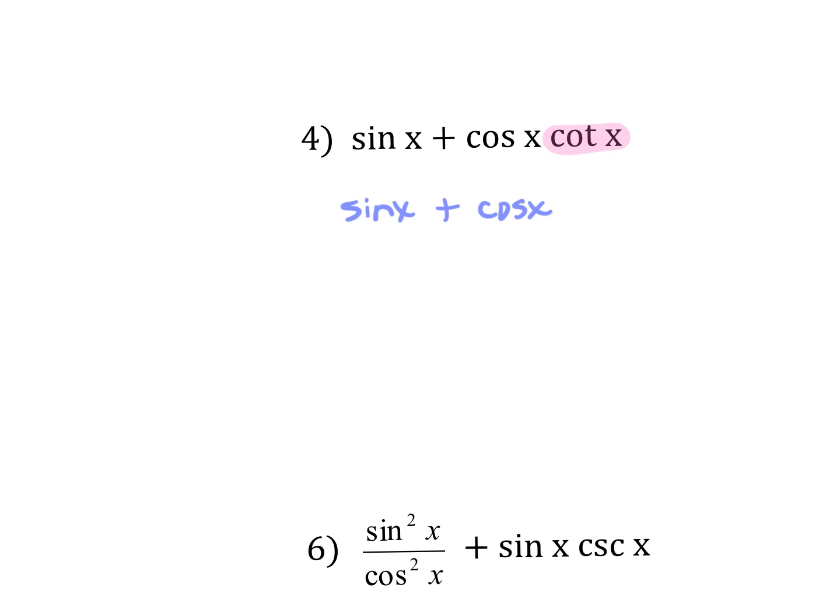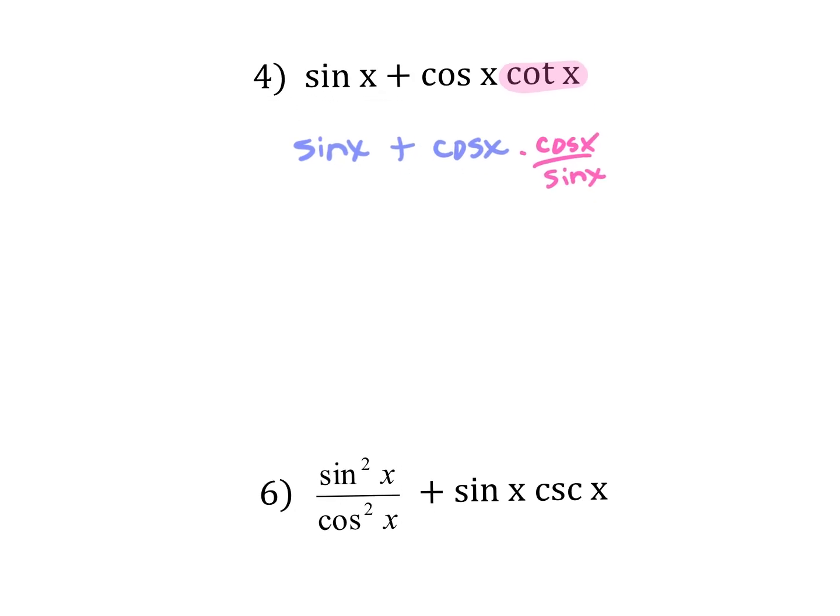Sines and cosines. There you go, cosine over sine. Beautiful. Okay, so now we have this. Sine of x over 1 plus, if you think about that, we can combine that together, and that gives us cosine squared x over sine x.